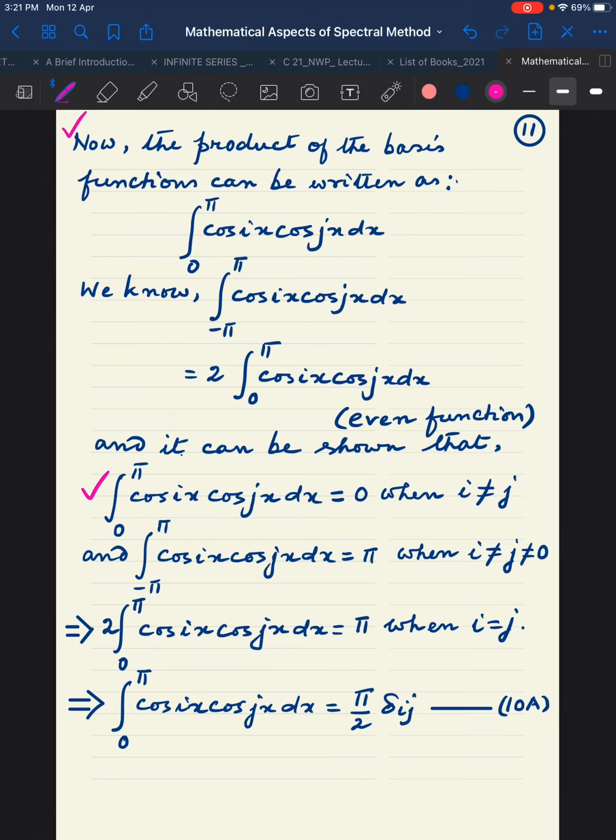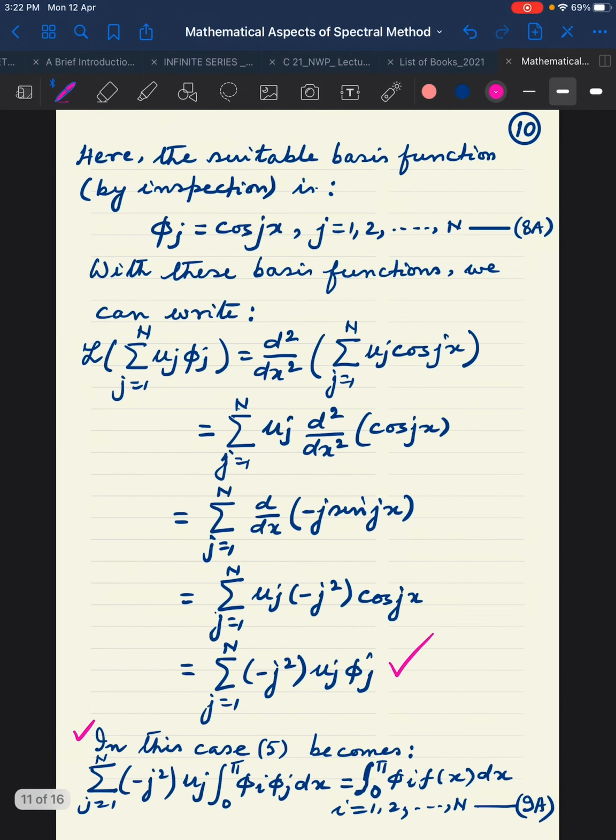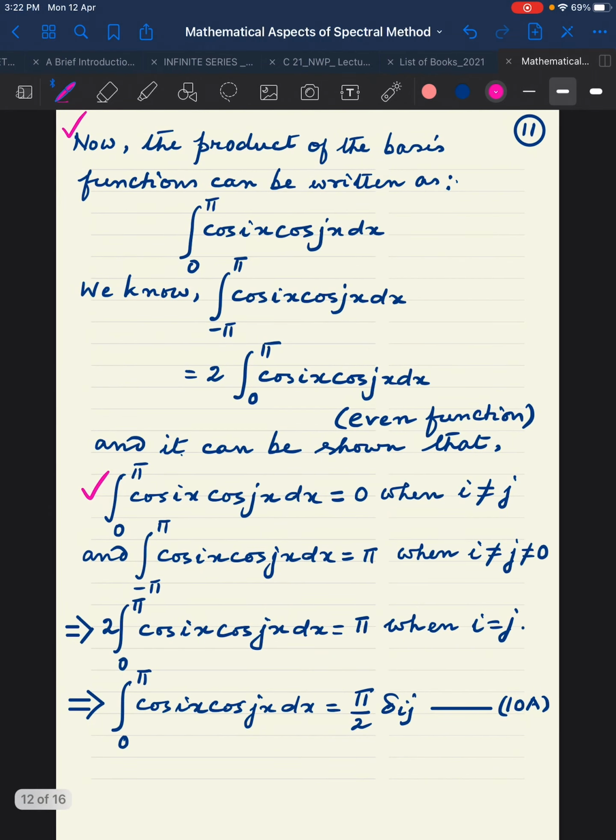but our original integral was this, minus, just a minute, yeah, what I have done here, 0 to pi, right. Our original was 0 to pi, but 0 to pi should be the actual domain.